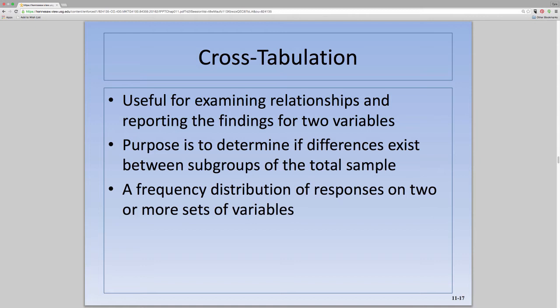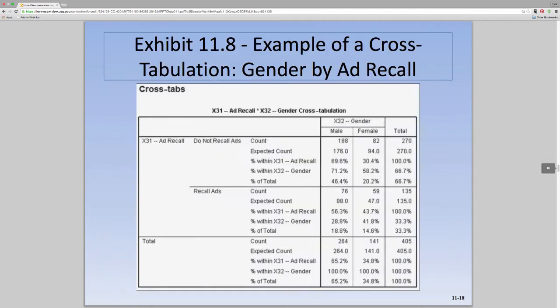You could also look at, is brand awareness, unaware or aware, related to geographical area in which the individual lives: North America, Europe, Asia, Africa. These are all different ways where you're looking at 2 ways to classify people, 2 ways to name them. They're both nominal data, and you're looking to see, is there a relationship between them.